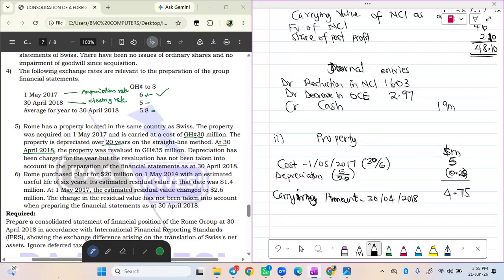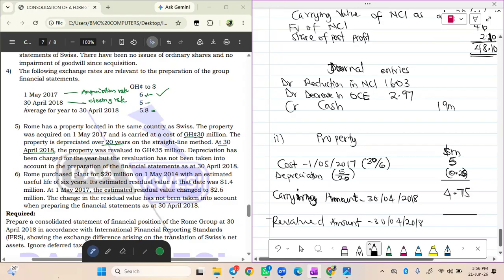Yes. Now the revalued amount, that one is also as at 30th April 2018. So we can now compare.